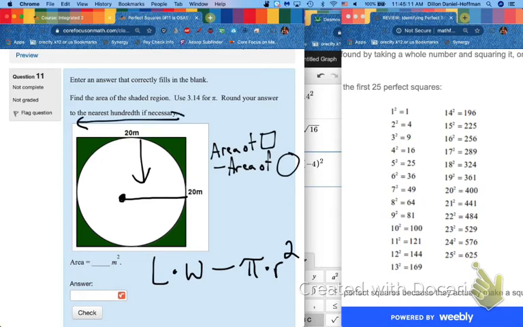And if our diameter all the way across is 20, that means our radius is half of that. What's half of 20? That's right, I can hear it out there. It's 10 meters specifically, but we don't really have to worry about the meters for this because they already give us the units are meters squared. We just have to fill in the blank for the number. Okay, length times width minus pi times radius squared.